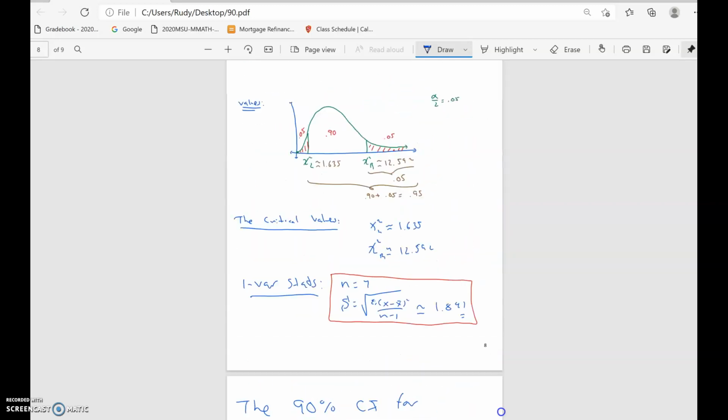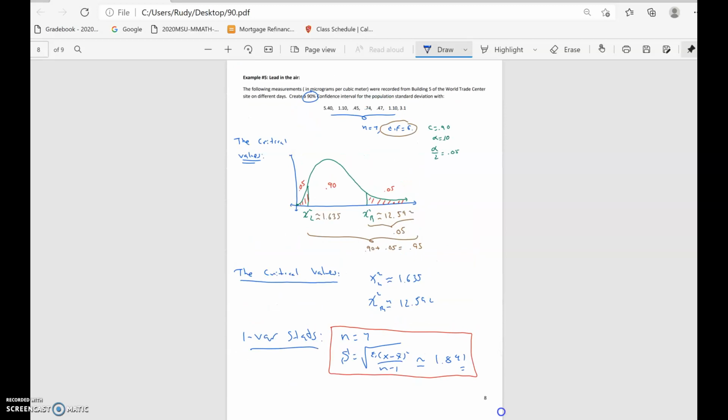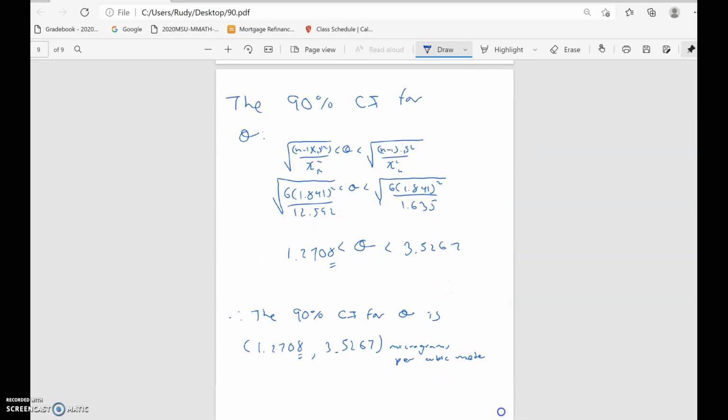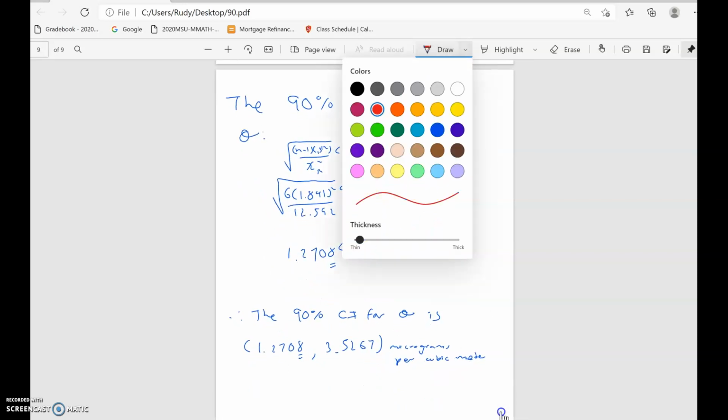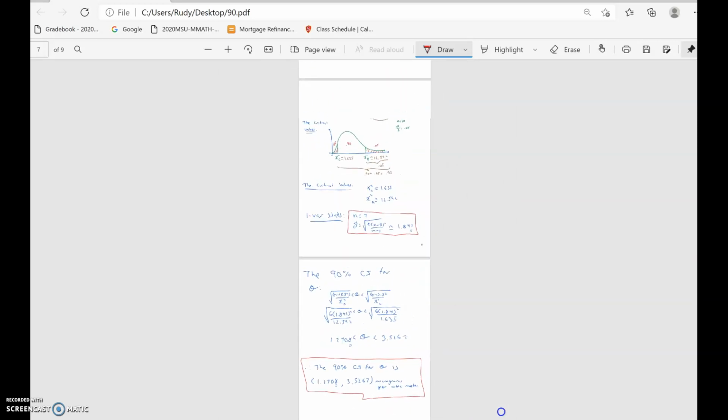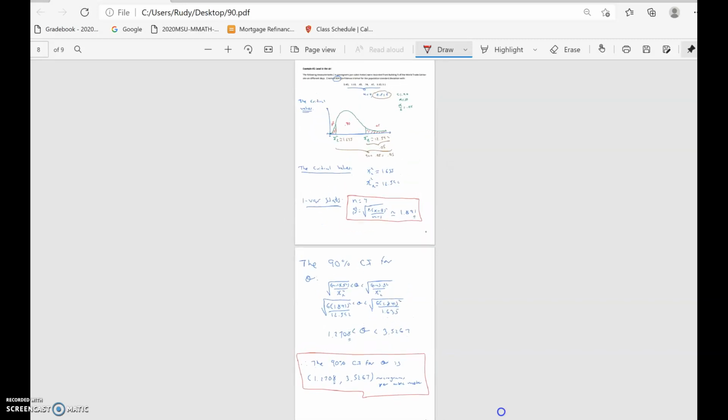Let me see. It says micrograms per cubic meter. That would be it. As long as you have units, if it's not stated, we would just rewrite it as units. But that is it for this problem.